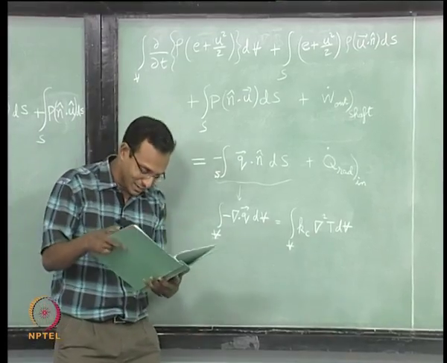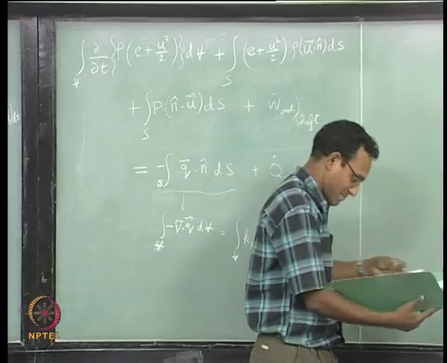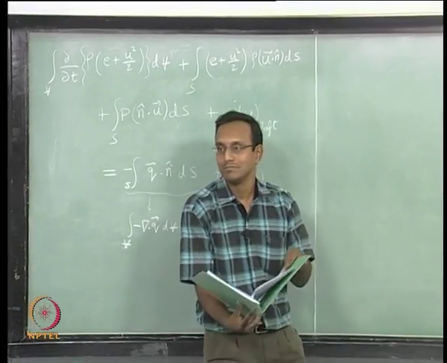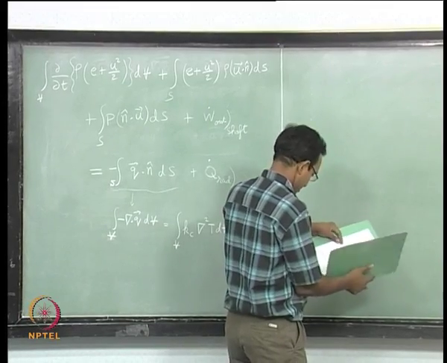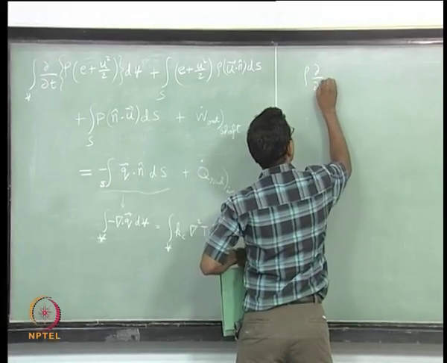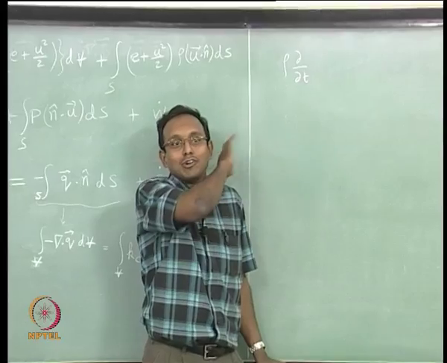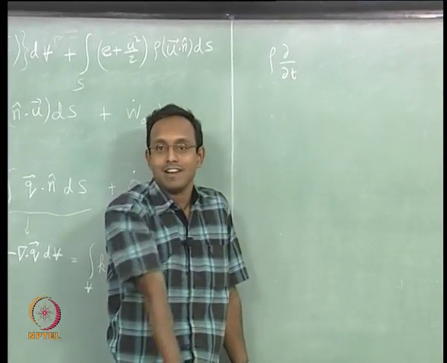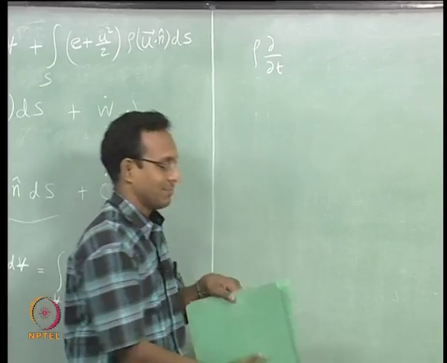We will just write the final form, I will not worry about how you got to this. We have the same method used in the mass equation, it will look the same. So I will just write the final form here, removing the integral: the integral over the volume is for the whole thing, and whatever is inside the integral must be 0. I will just write that form.